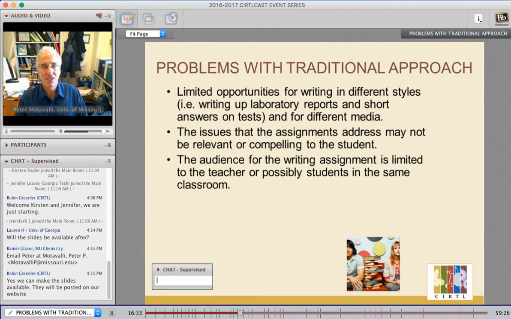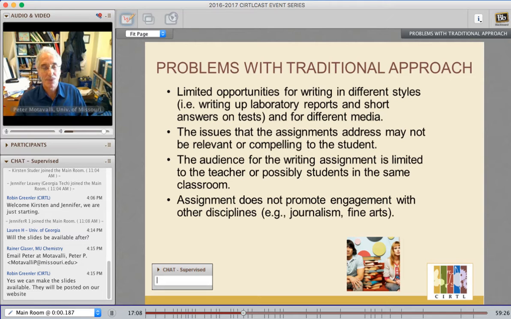For example, why not write for students in a different classroom and have them give feedback? Or have students write for other students in another university, maybe even in another university in a different country. I think it's not very motivating when your audience is the teacher and you're writing to the teacher. So to me, that was very important: to try and develop those audiences and make them relevant issues.